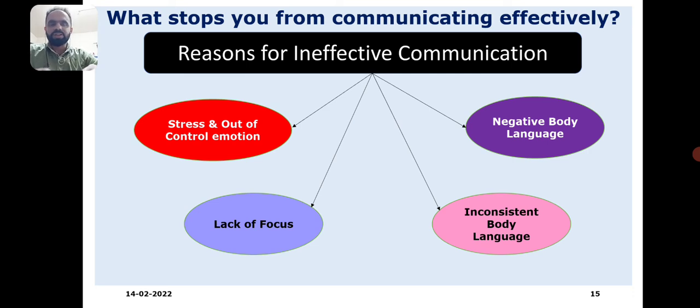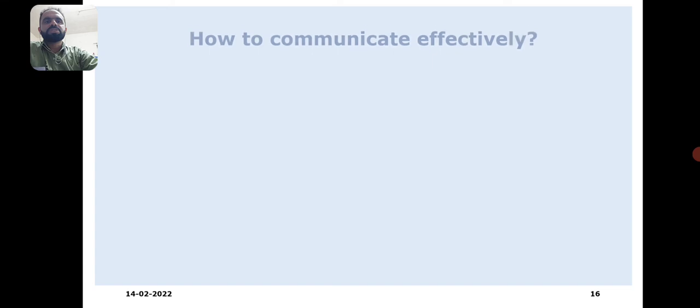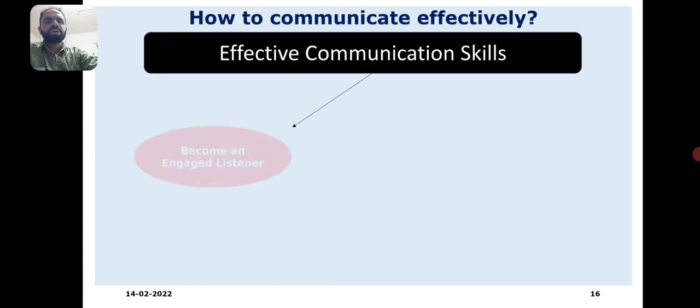People might lose interest in what you are trying to say. Even negative body language: maybe you're telling something very nice, but your body language is not so interesting to see, so the communication might fail.